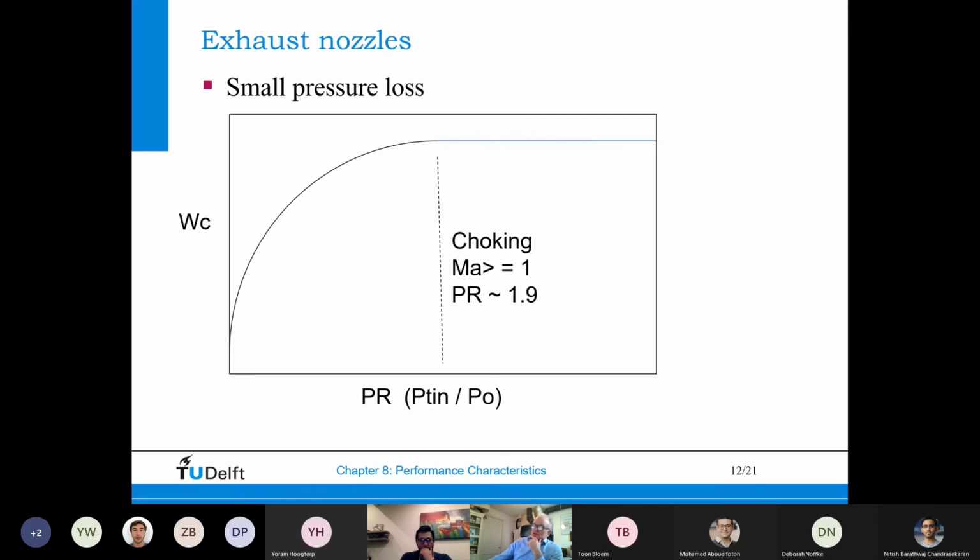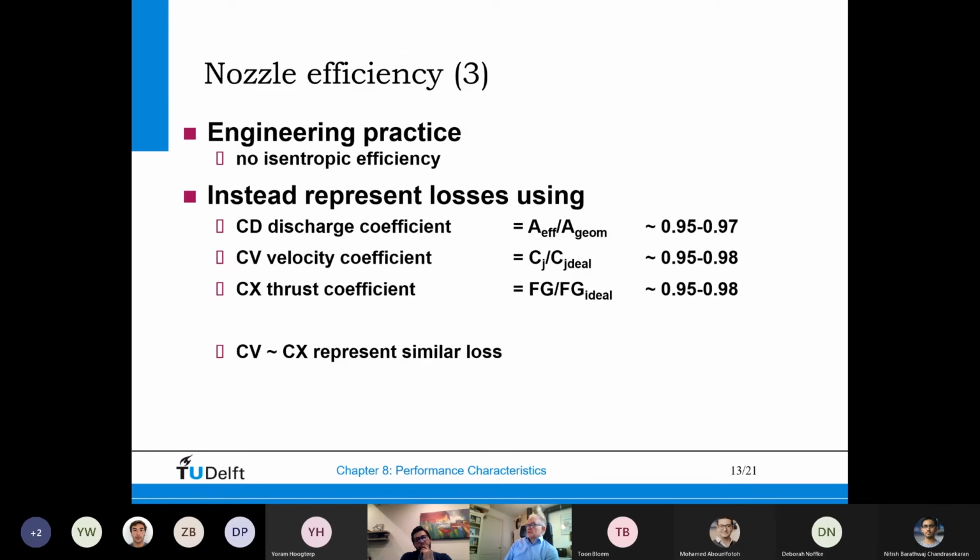The velocity may increase downstream of the nozzle if there's a divergent part in supersonic expansion, but the corrected mass flow, which is the mass flow times square root theta over delta of the inlet, as for the inlet conditions, will not change anymore, even with supersonic expansion.